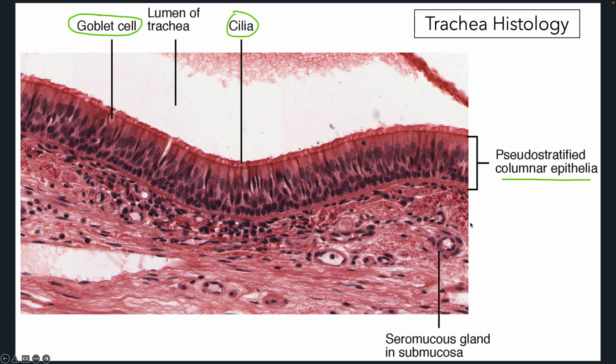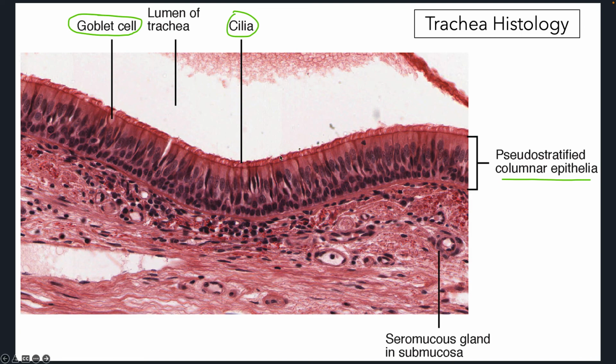Then we have a trachea that we could look at. Trachea has a few different things we should be able to identify, including this type of cell that the main part of the trachea lining is made of. That's pseudostratified columnar epithelia. All right, so it's pseudostratified. It looks like it's stratified, but it's actually just single columns. It's columnar, and it's epithelia, a lining. And it's ciliated.